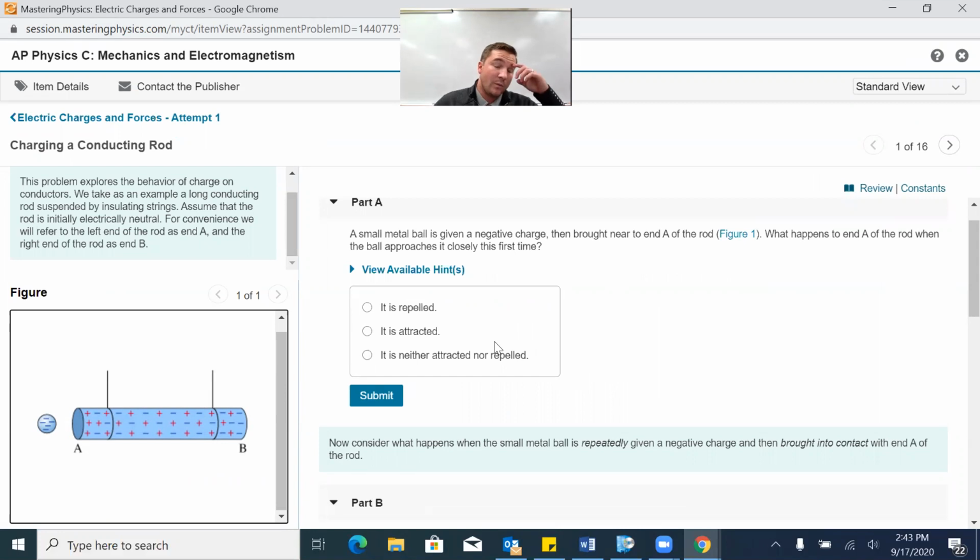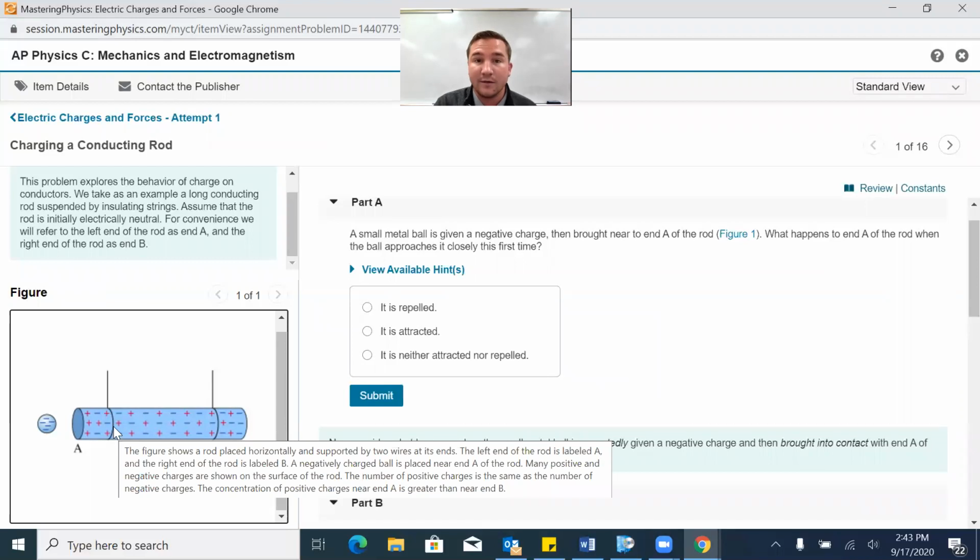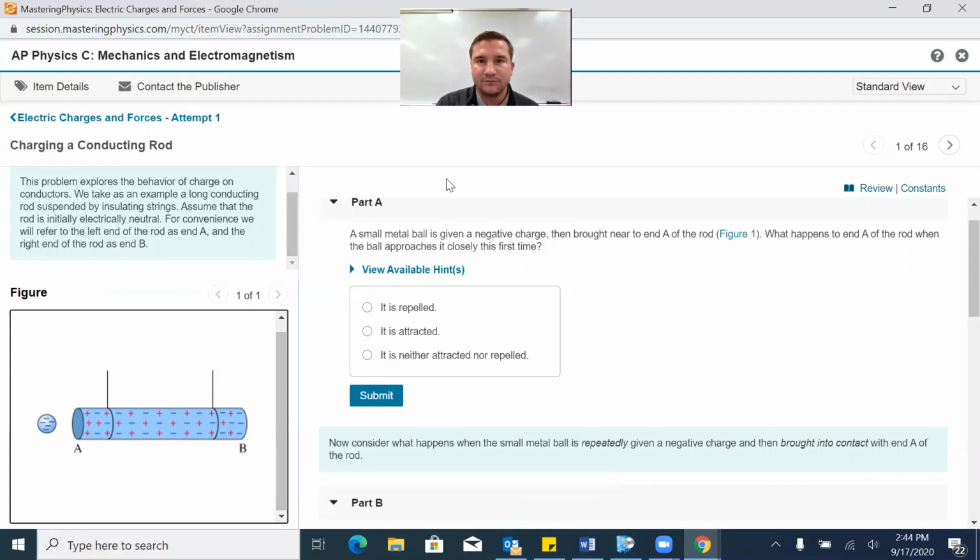So when we bring this charged metal ball close to the rod, all of the negative charges, right, because we want to talk about negative particles moving, all of the negative particles start to move towards end B. Let me not use left and right.